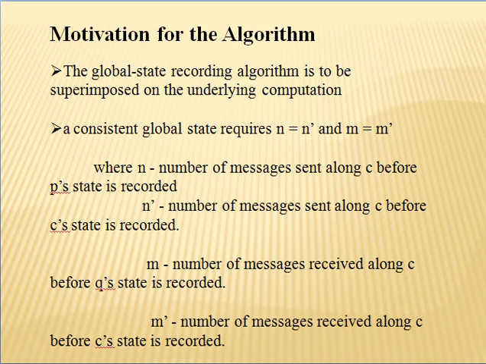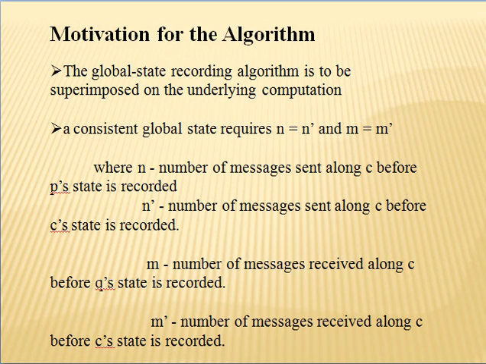We cannot ensure that the states of all processes and channels will be recorded at the same instant, because there is no global clock. However, we require the recorded process and channel states to form a meaningful global state.